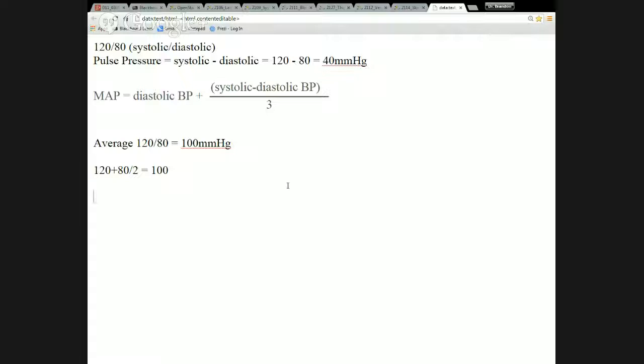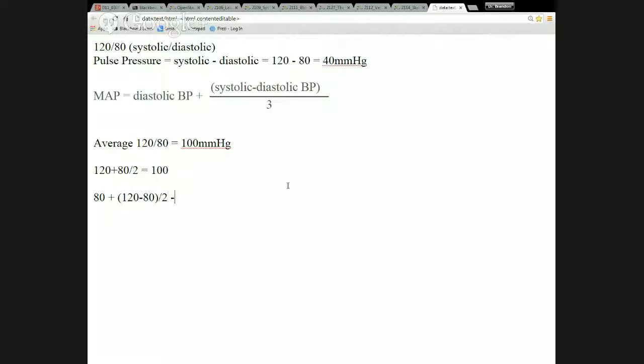Another way you can do that is to take 80 and add 120 minus 80, and that quantity divided by 2. Okay, so notice that gives us the exact same result. 80 plus 40 divided by 2 would be 100.